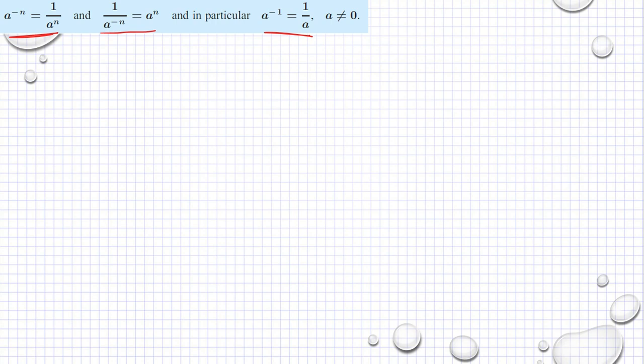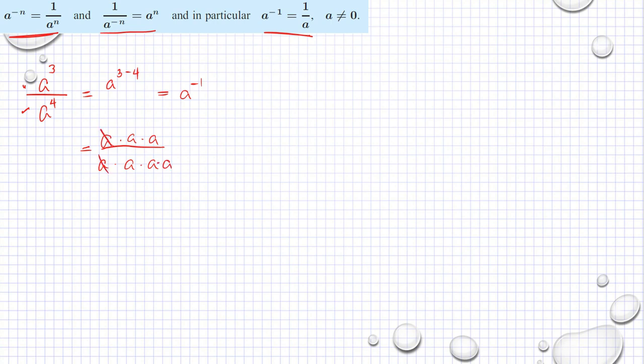So for example, we have a raised to 3 divided by a raised to 4. Then we have a raised to 3 minus 4 according to the second law that we have. Then we have a raised to negative 1. But if we expand this, we have a times a times a, and in the denominator a times a times a times a.